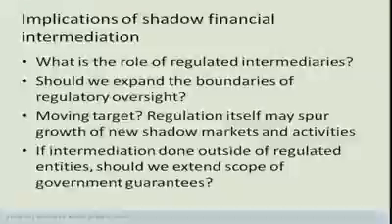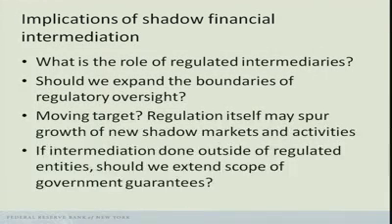Regulation itself may spur growth of new shadow markets and activities. So how do you do that? How do you monitor new mutation in the system of financial intermediation? And to go back to Meg's presentation before, how do we stay at the same pace with the development in order to call the problem before the problem presents in front of us?